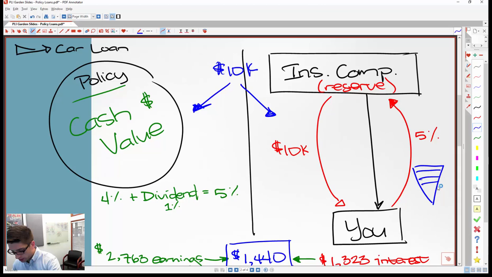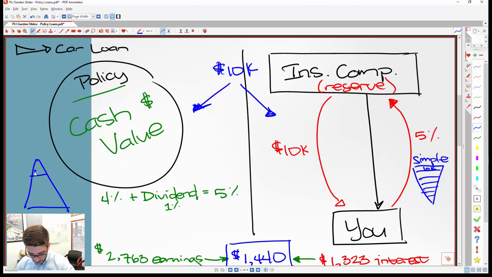let me draw a triangle here. This will help us out. We're saying this is $10,000 that's being paid down on a simple interest rate. You start with that $10,000, and month by month, you're whittling down that payment. Whereas over here in the policy, you're starting at that $10,000 and growing that over time, or we could say you're compounding that money.